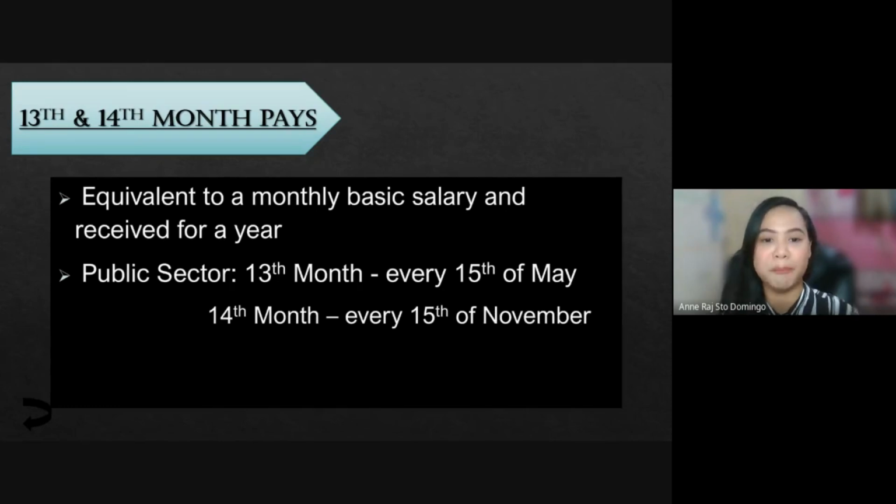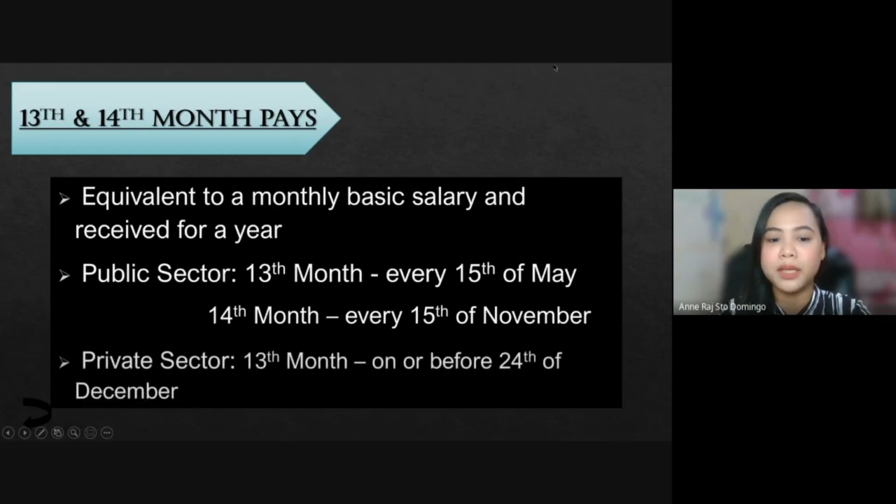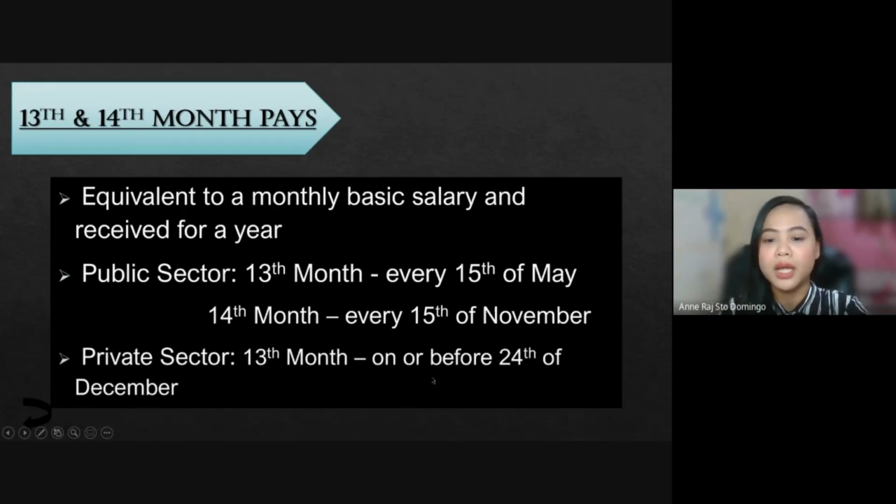That's why the 14th month is normally given starting November 15th, then up to December 24. Sometimes it is November, and in some companies, they give it in December. And in private companies, the 13th month is given in December, on or before December 24. Others also receive a mid-year bonus every May or June, which can be a counterpart of the 13th month.